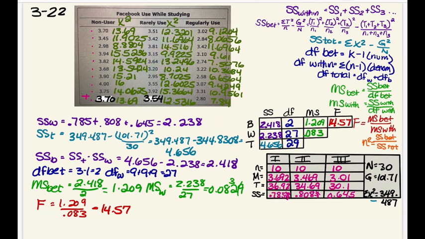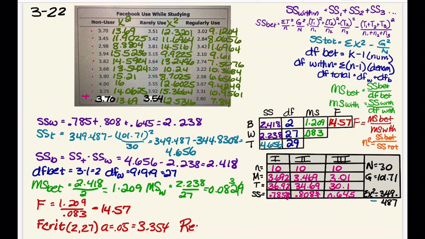14.57. To determine whether this value is significant, we will find our critical F with our numerator of 2 and the denominator of 27, setting our alpha level of 0.05 in a one-tailed test.